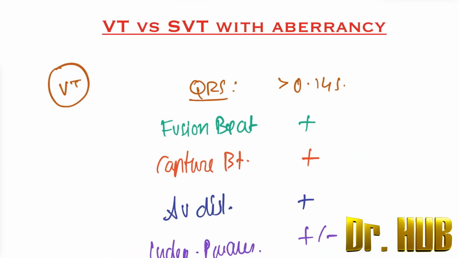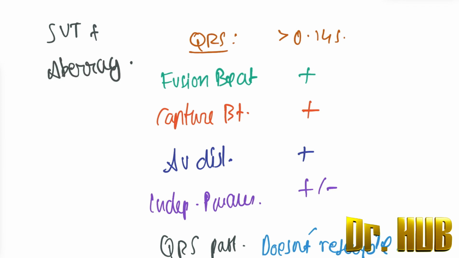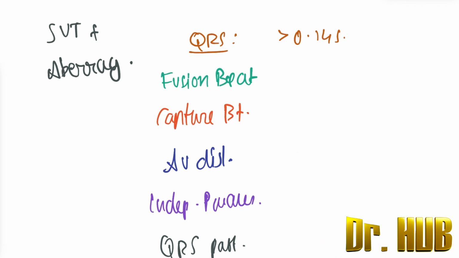Now we just spoke about the VT. Now let's move on to the SVT with aberrancy. We'll be looking at the same headings.